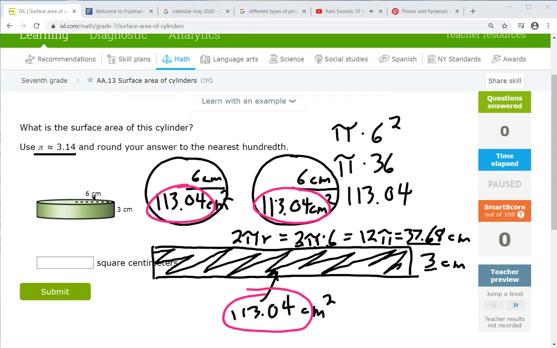Well, actually, that wouldn't be too hard. What would that be? If we do this plus this plus this, we would get 339.12 square centimeters.